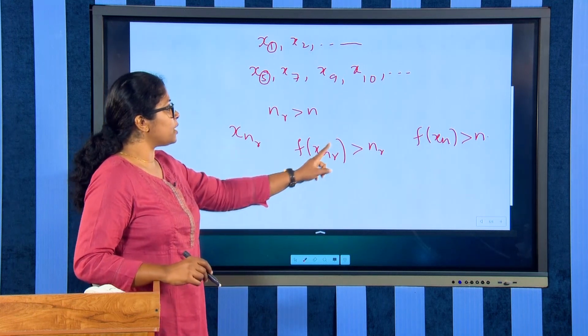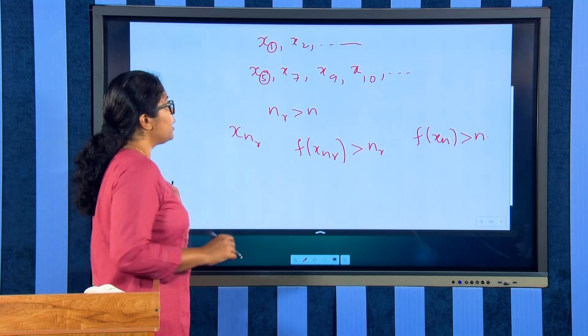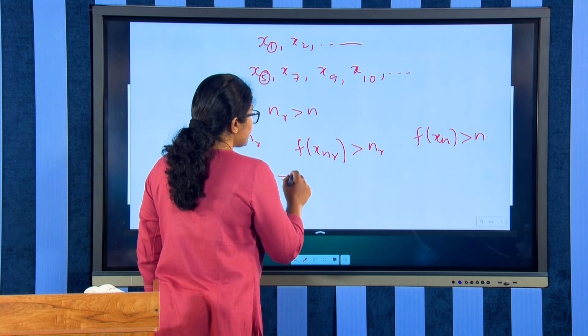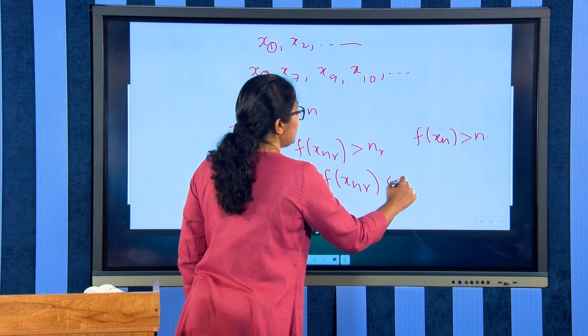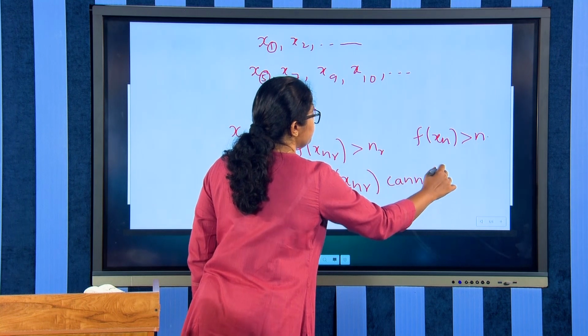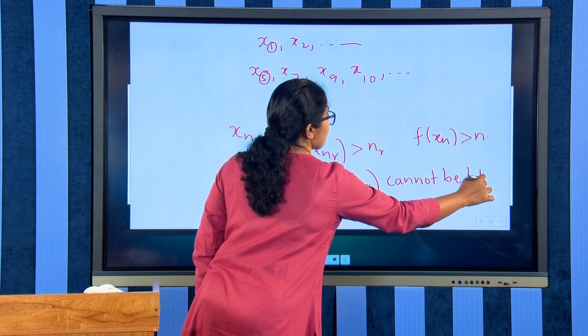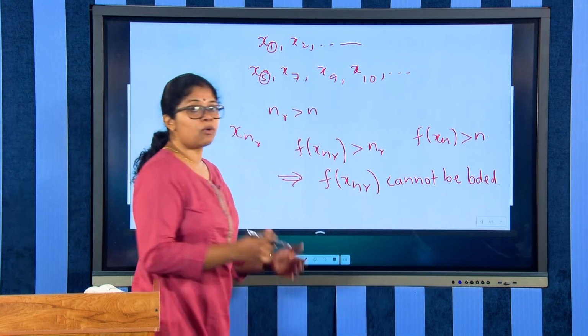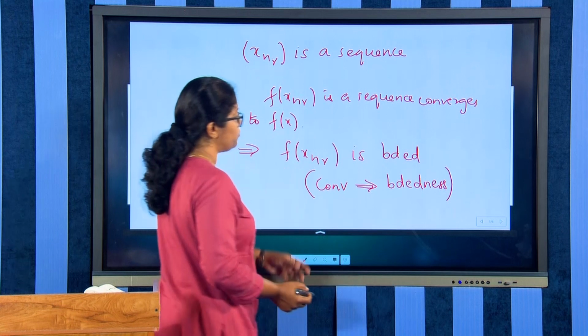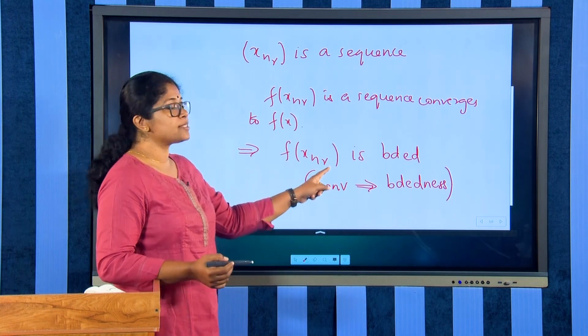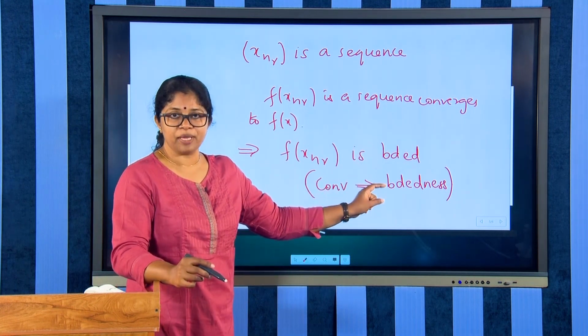So, f of xnr becomes greater than nr, and this indicates that f of xnr cannot be bounded. But that is a contradiction, because f of xnr is a convergent sequence, and hence f of xnr should be bounded.